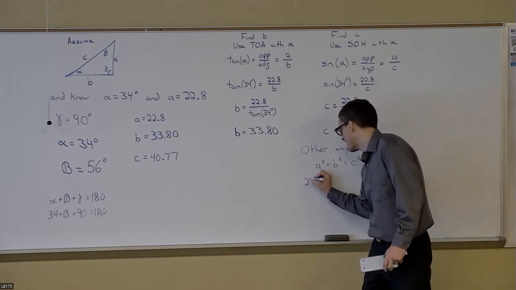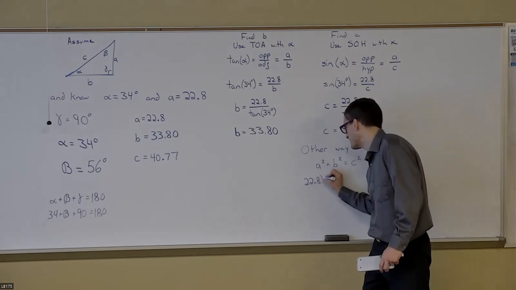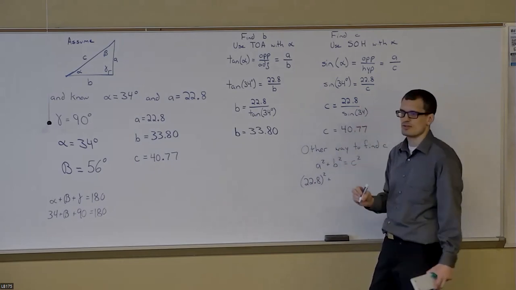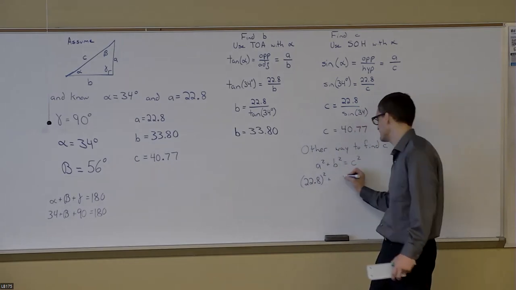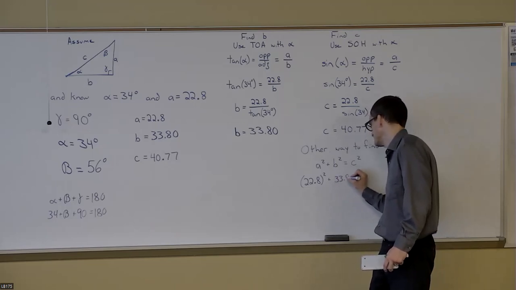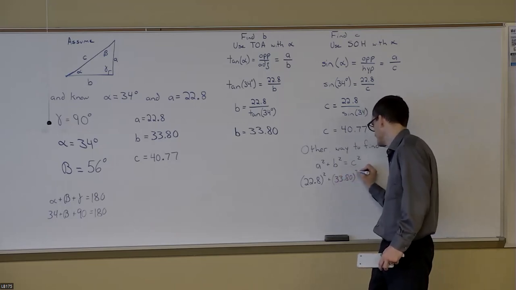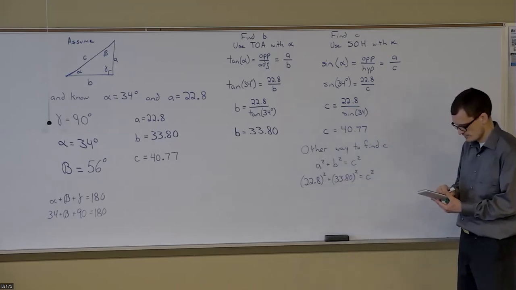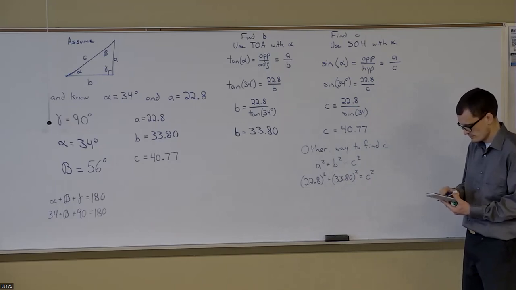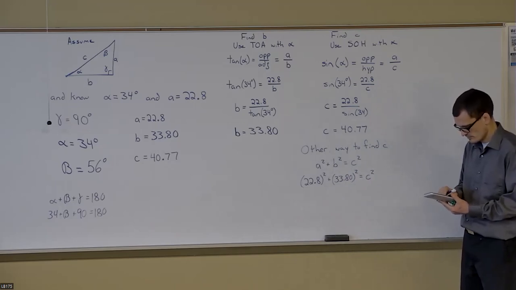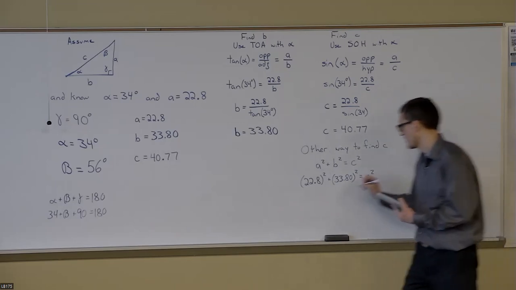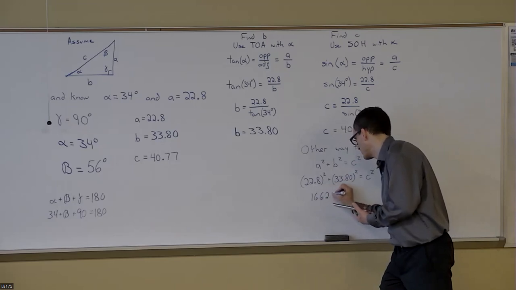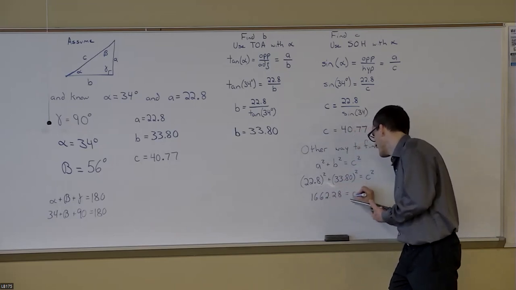And now that I know my A is 22.8, and I know my B, well, the rounded version of B was 33.80. I got 1662.28 is my C squared.